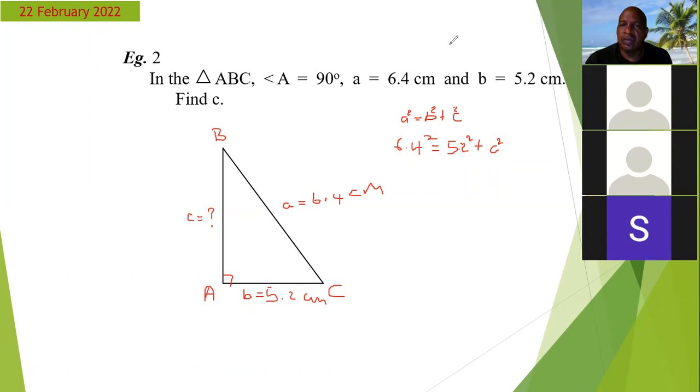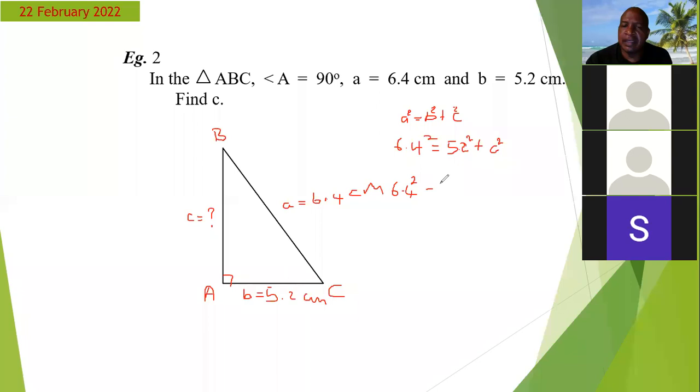All right, so we can choose now to bring this 5.2 squared to the other side. So we could write back the 6.4 squared. Then now, if we bring this 5.2 to the other side, remember if it is positive on one side, when you bring it to the other side, it becomes negative.